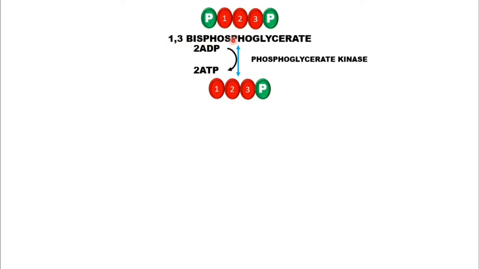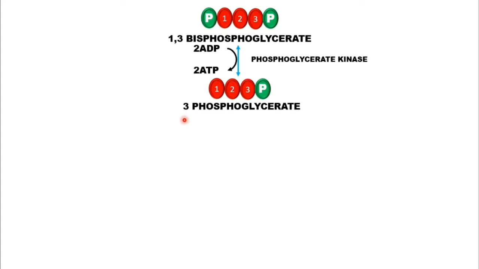Now 1,3-bisphosphoglycerate is converted to 3-phosphoglycerate by the enzyme called phosphoglycerate kinase. Then 3-phosphoglycerate undergoes a process of mutation. What does mutation mean here?